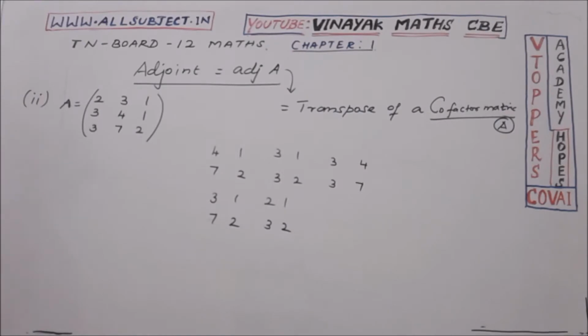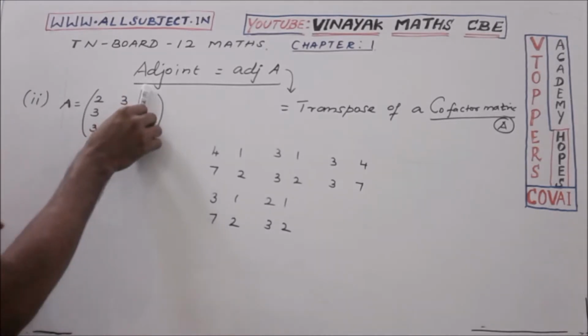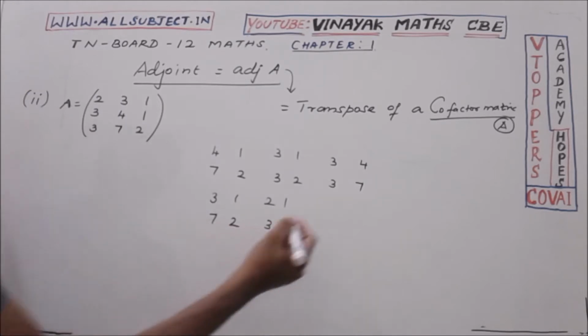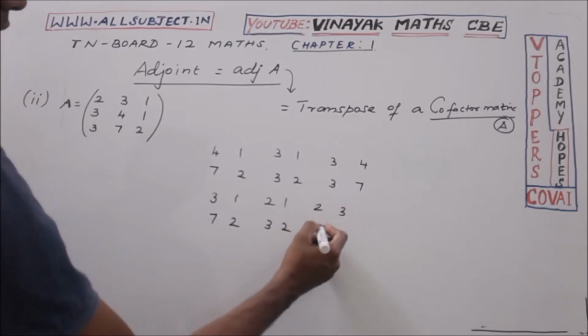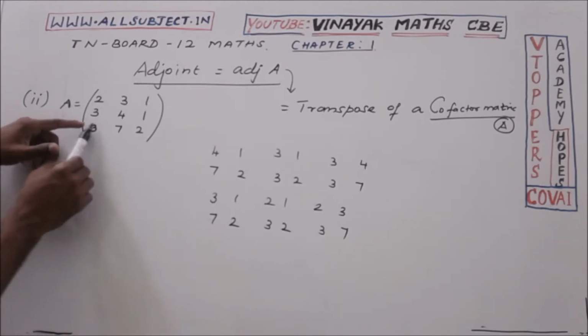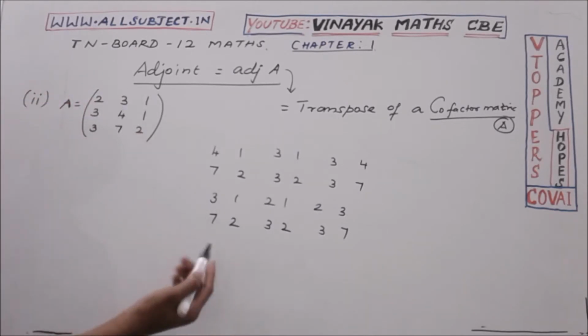Then for the minor value of this 1, the third column and the second row are omitted, and the remaining 2, 3, 3, 7 are taken. For the minor of this element, this row and column are omitted, and 3, 1, 4, 1 is taken.